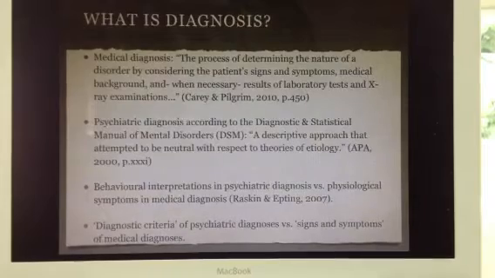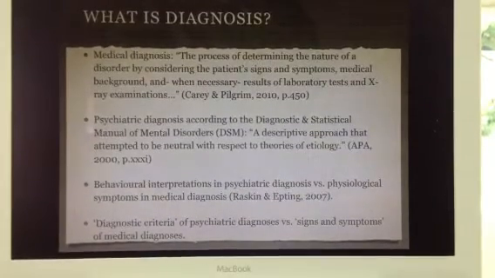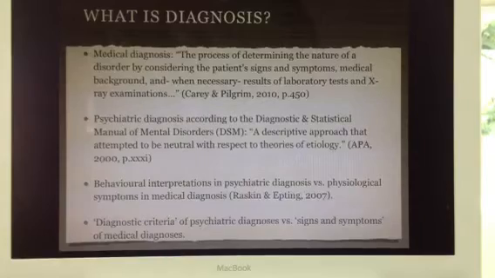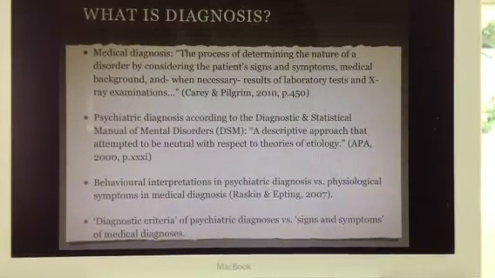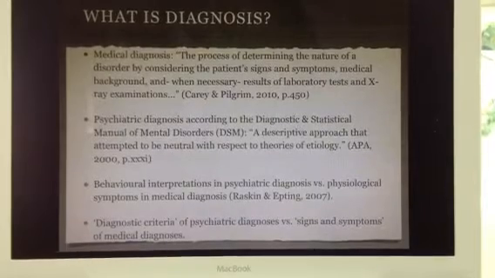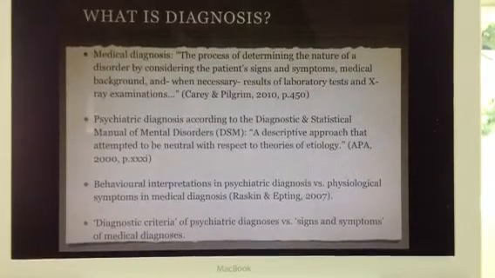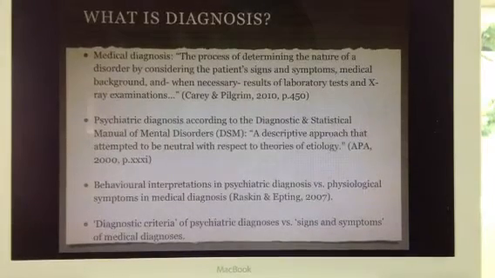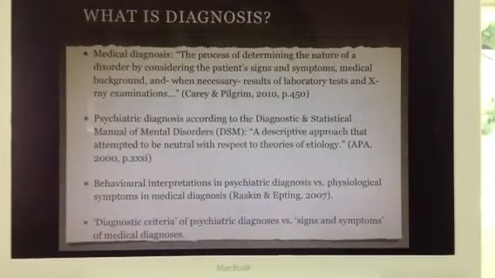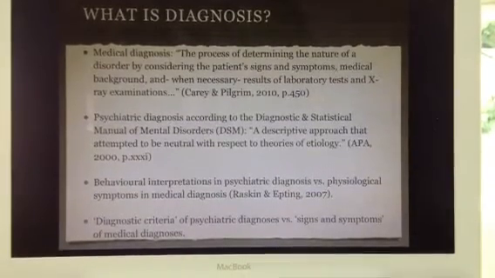This is why the indicators of mental disorders in the DSM are referred to as diagnostic criteria rather than signs or symptoms, although it has to be highlighted that there is not a strict distinction, as diagnostic criteria are sometimes referred to as symptoms in the DSM. However, it can be argued that if physiological signs or symptoms were present and could be sussed out by laboratory tests and X-rays, then these would be evidence of organic diseases rather than mental disorders.